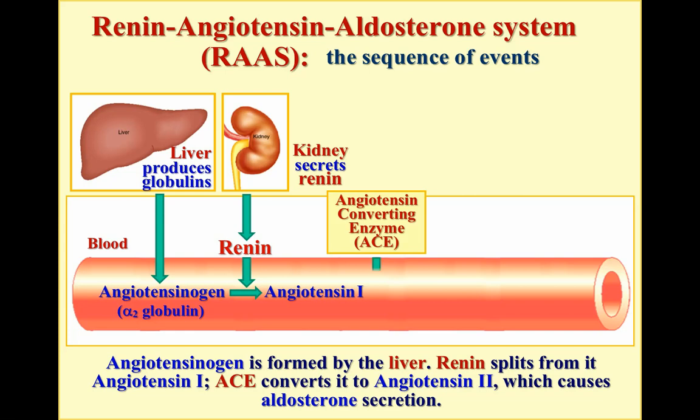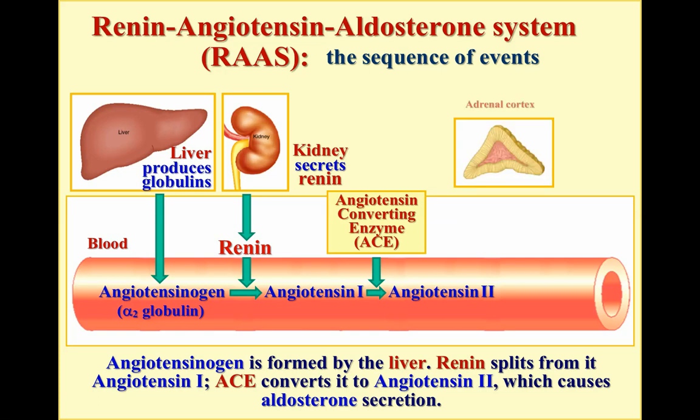Conversion occurs by angiotensin converting enzyme. It splits off 2 more amino acids so that only 8 of them remain, and this octapeptide is angiotensin 2. It's a very strong vasoconstricting substance.